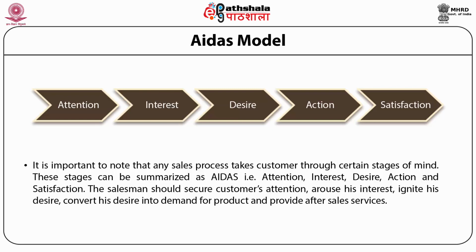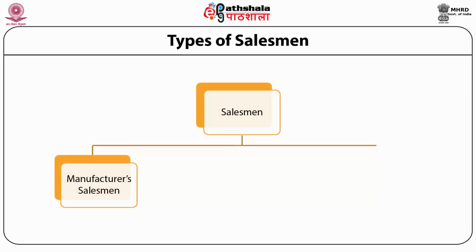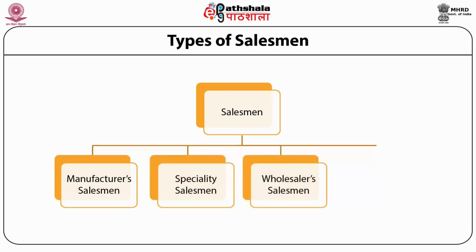So in this way, first attention is created, then interest is aroused, then desire is ignited, action, that is converting his desire into demand, is created, and to provide more satisfaction, after sales services are provided. There are various types of salesmen, like manufacturers salesman, specialty salesman, wholesalers salesman, retailers salesman.